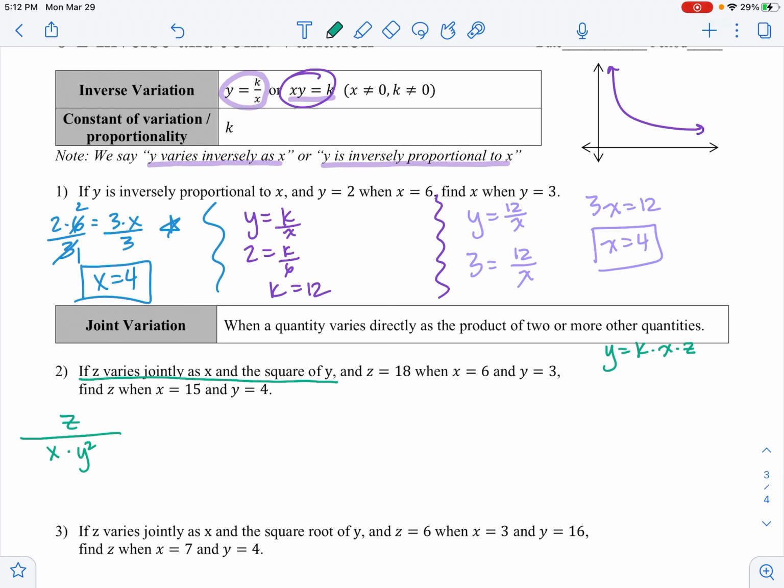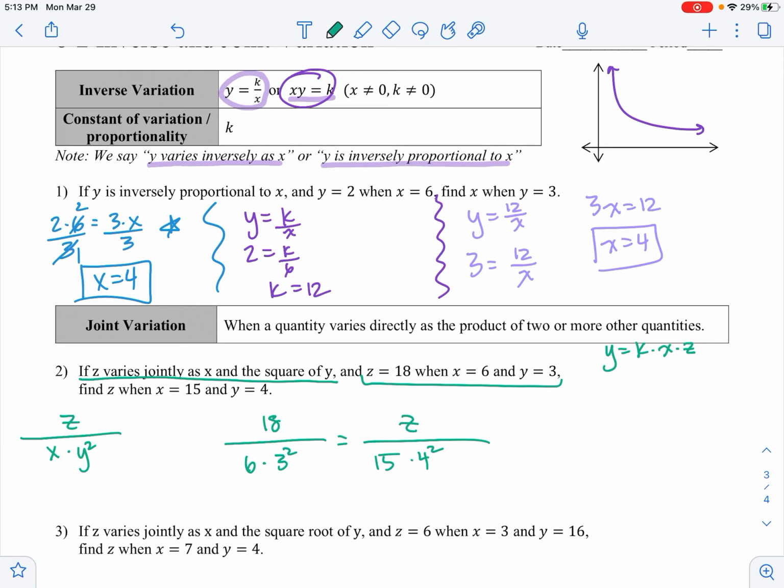Now I can set up my proportion. I know, let's see, 18 and 6 and 3, so there will be 3 squared. I'm finding z when I know 15 and 4, so that's being squared. I'm going to cross multiply.